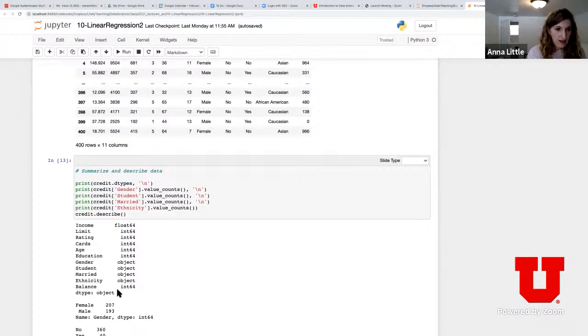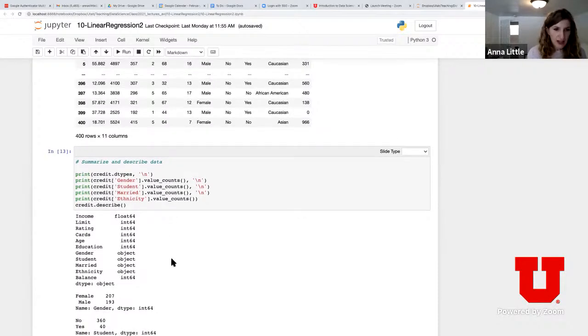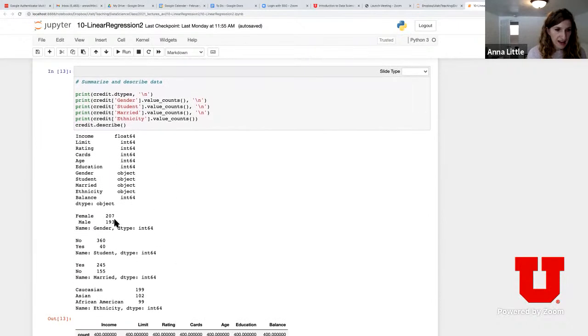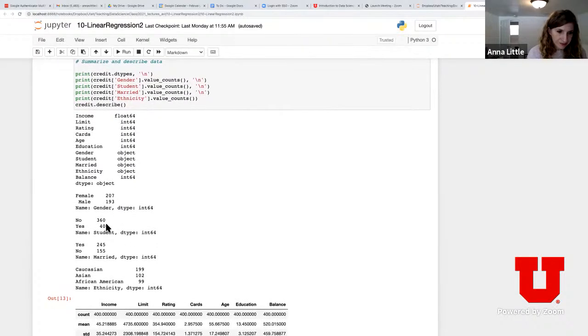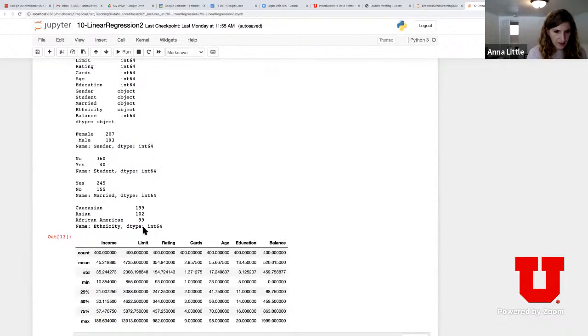For the categorical variables like gender and student, we can take value counts just to get an idea of the distributions in the data. It's pretty equally split, male and female. There are a few students, but the majority are non-students. A good bit of a majority are married. And there are 3 different ethnic groups represented here.